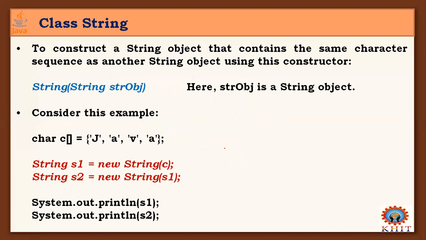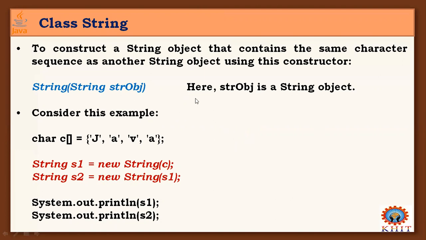Next one, we are now coming to the construction of string objects. Okay, so now we will see some examples. To construct a string object that contains the same character sequence as another string object, using this constructor.